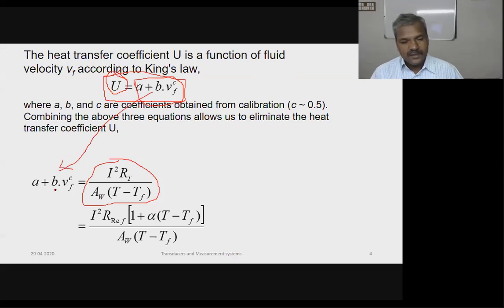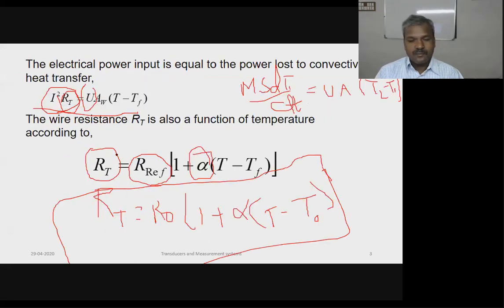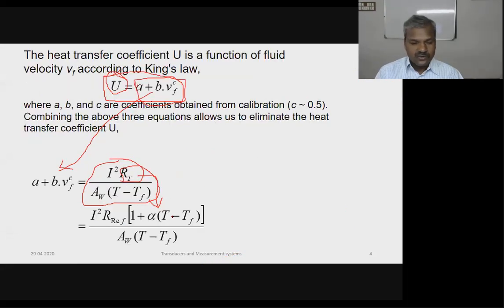Again we have to simplify this relation and bring out the final value of fluid velocity. We substitute RT equal to RF into 1 plus alpha T minus TF, which comes from the resistance relation. So I square RF into 1 plus alpha T minus TF divided by AW into T minus TF.